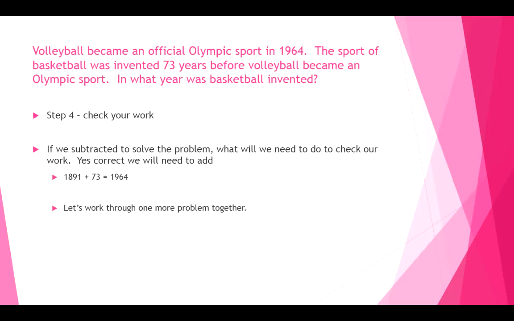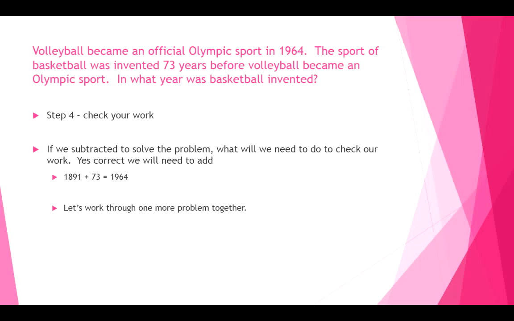Step 4, check your work. If we subtracted to solve the problem, what will we need to do to check our work? Yes, we will need to add. So we will add 1891 plus 73 equals 1964. So yes, our problem is correct.